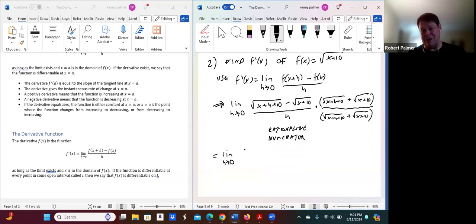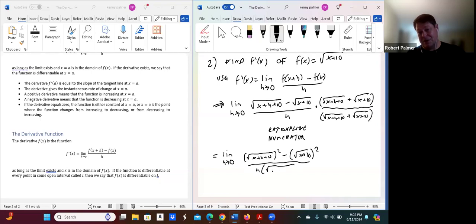And so this is going to be, and basically if you either FOIL this, or remember this essentially is difference of squares, what we're going to have then is the square root of x plus h plus 10 quantity squared minus the square root of x plus 10 quantity squared over h times this whole thing.